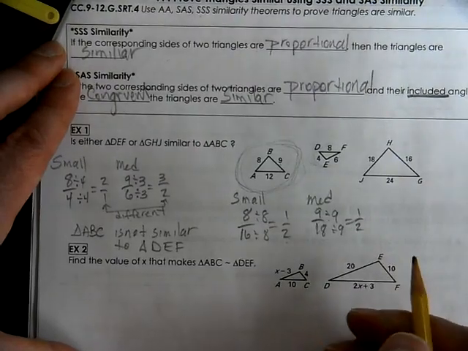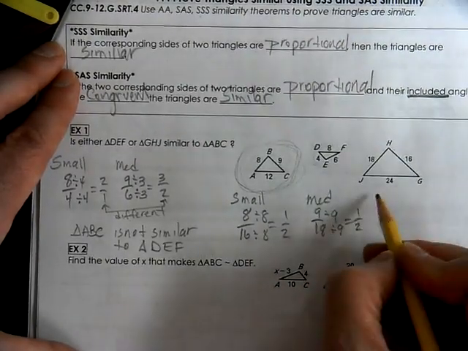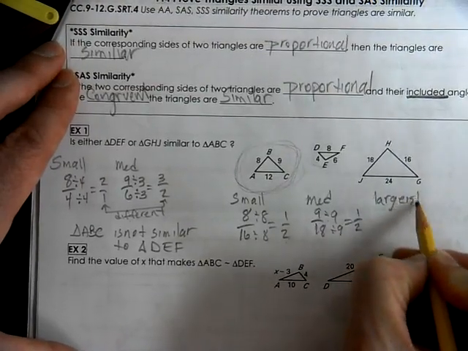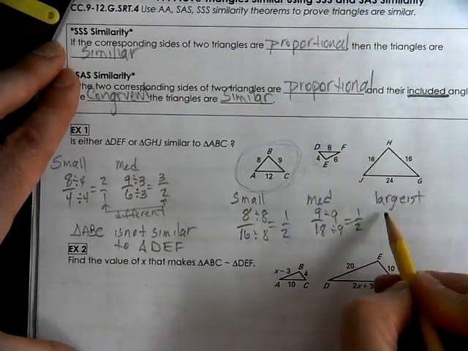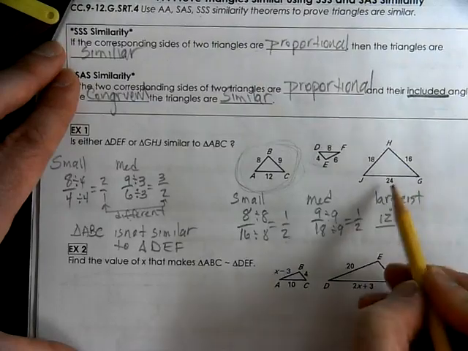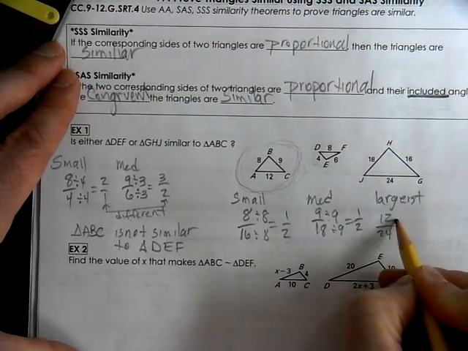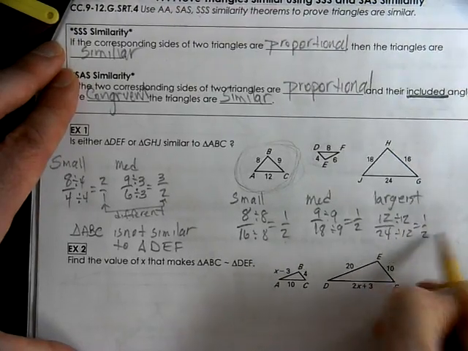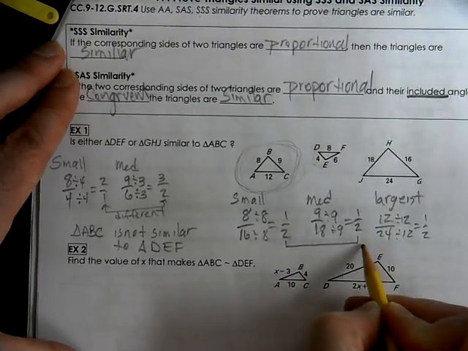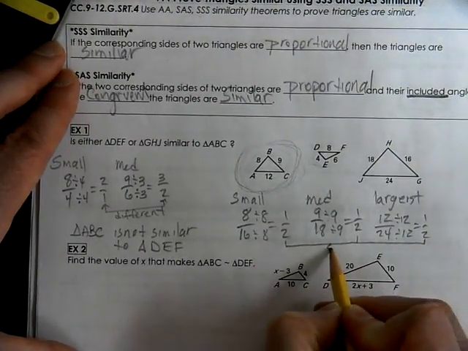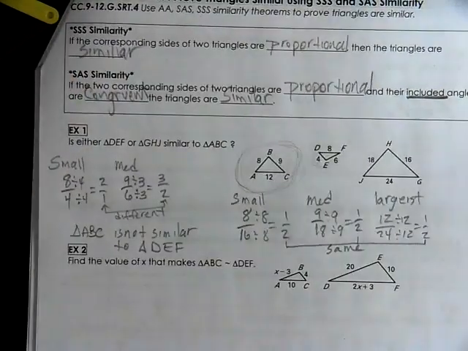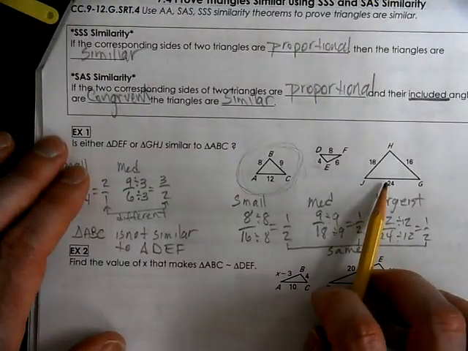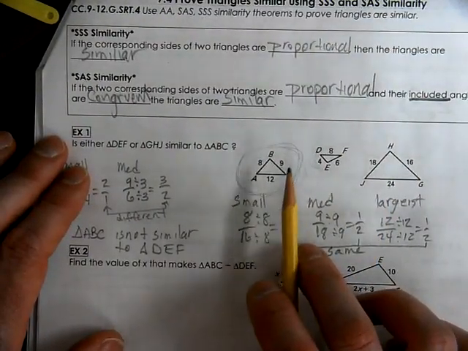That's good. We're not done, but that's good. Now we have to look at the longest side, the largest side. So that's going to be 12 and 24. And it looks like they're going to reduce. And hey, all these ratios are the same. So that has a common scale factor. This triangle is twice as big, apparently, than this one.